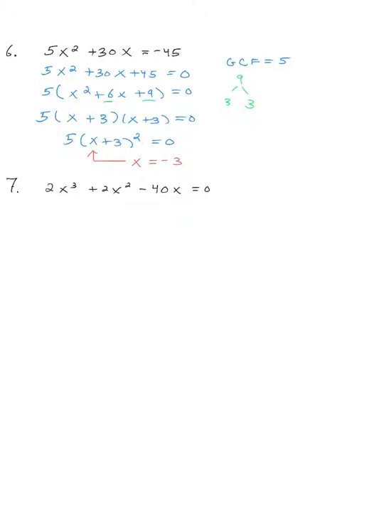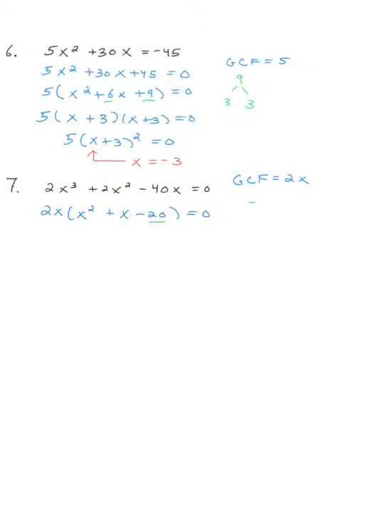For question 7, the greatest common factor is not just a number anymore. We actually can remove both a 2 and an x, which gives us 2x times x squared plus x minus 20. So we are completely done with this 2x part, and now we're just dealing with this quadratic. And I think we can again find factors that work.